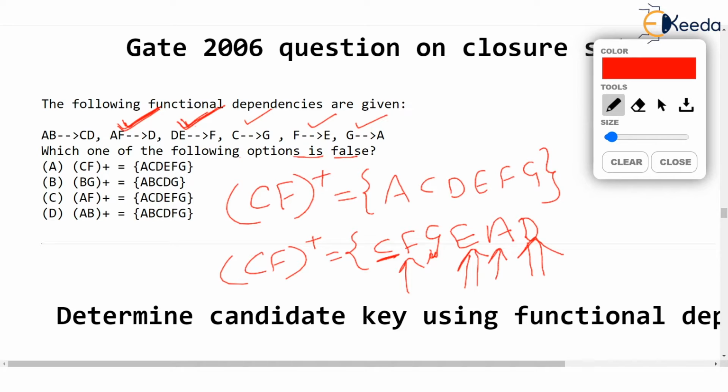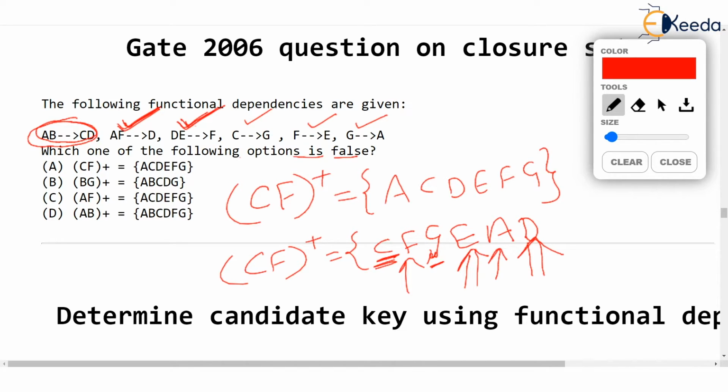We have already seen C appears on the left hand side. C has brought in G. And G appears on the left hand side. G has brought in A. Let's see whether the pending FD is going to be used. All the others I have already ticked. AB determines CD.